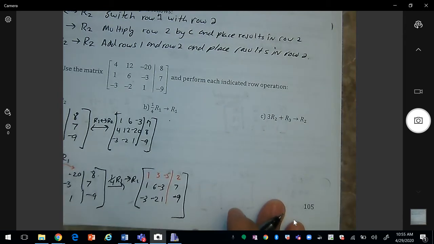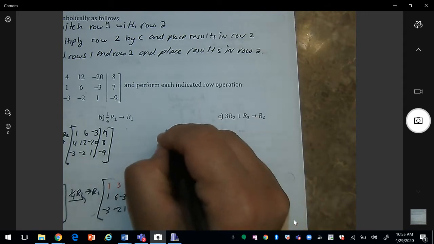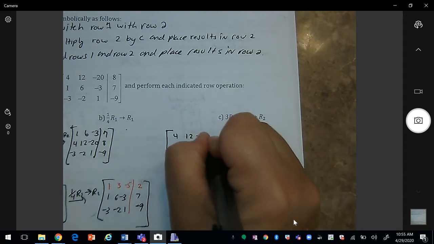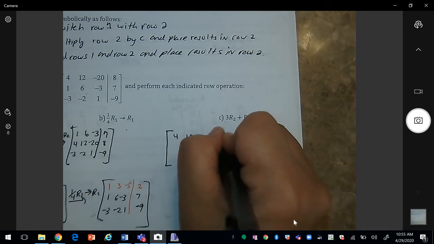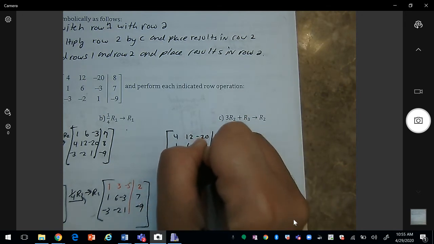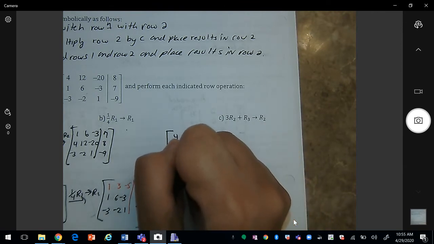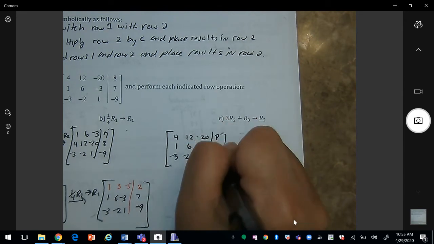So let's look at letter C. Here we have row 2. So let me just write the matrix. One, 6, -3, and 7. -3, -2, 1, -9.